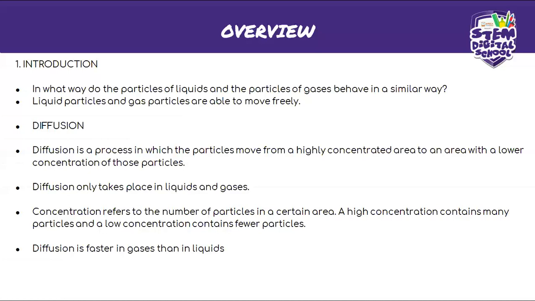Now, why are we saying diffusion is faster in gases than in liquids? For example, let's say that I am at a corner of the room, and I have a spray or an aerosol. When I press, some gas particles come out. Where I am standing and spraying, the particles around there are many.